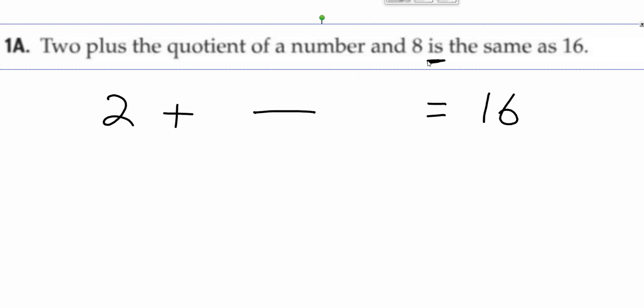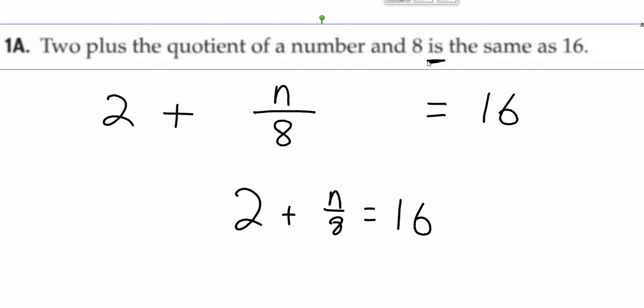So the quotient of a number and 8, n is going to represent the number in the numerator, and 8 is your number in the denominator. So that is your equation. 2 plus n divided by 8 equals 16. There's your equation for 1a.